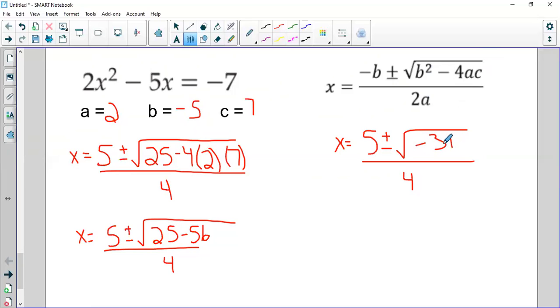And if you remember, a negative discriminant gave me no solutions. And that makes sense algebraically now because you know a square root of a negative number isn't real. There are no square roots of negative numbers. You can't do this. So because you can't do the square root of a negative number, I can't get a solution. So this equation will have no solutions.